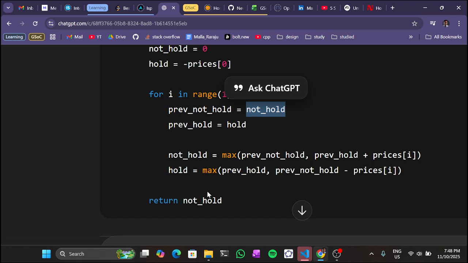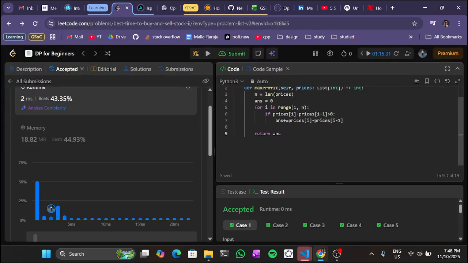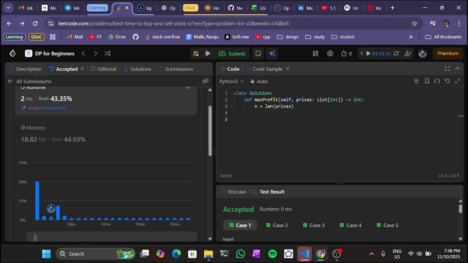Okay, I got it. We are taking the choices like, now you can hold a stock or not. Two choices: hold or not hold a stock.